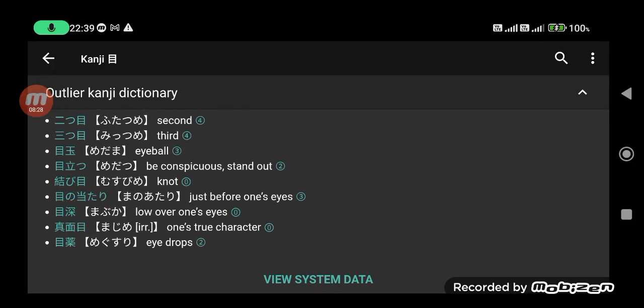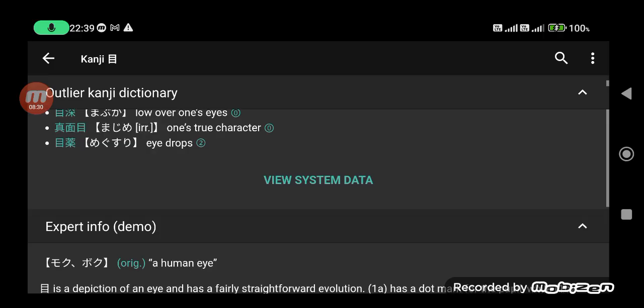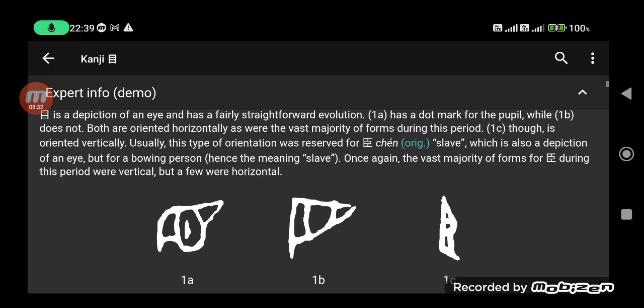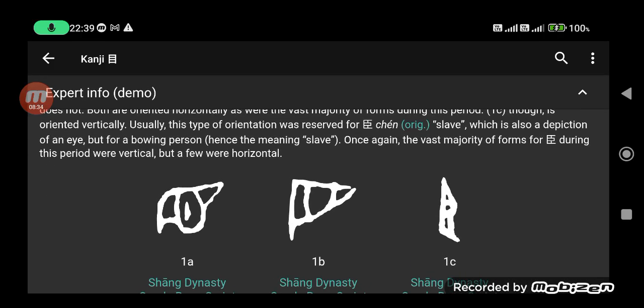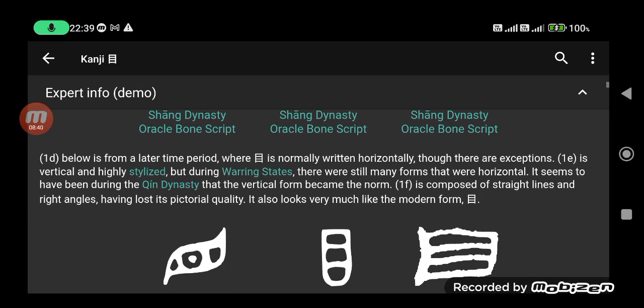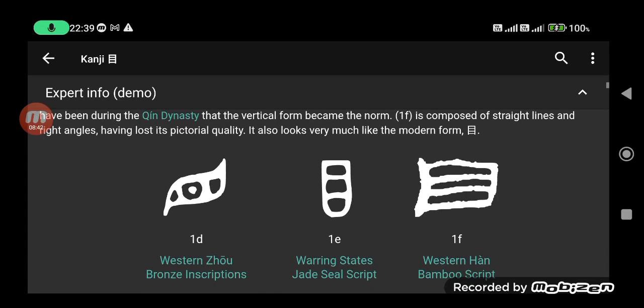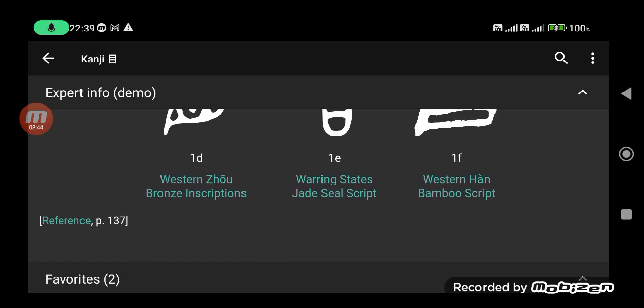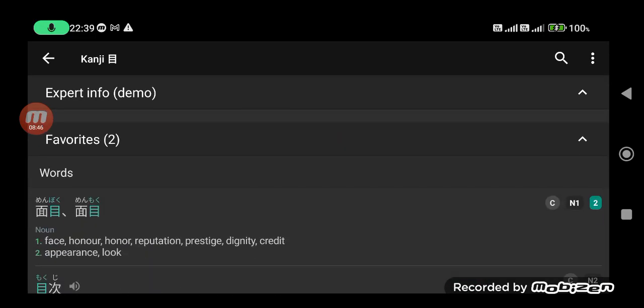Medama is eyeball, and we all know that this is the ancient form, and for those who are trying to master the history of kanji, you can screenshot this, minasan. And we have some high level vocabulary here, just like here, menboku. This is JLPT N1 vocabulary.